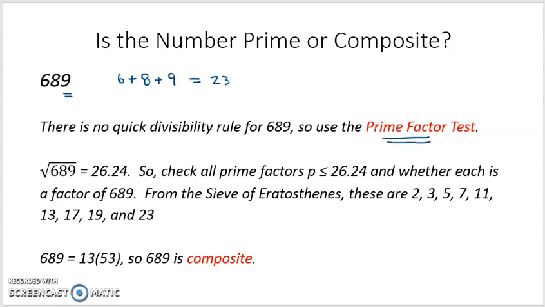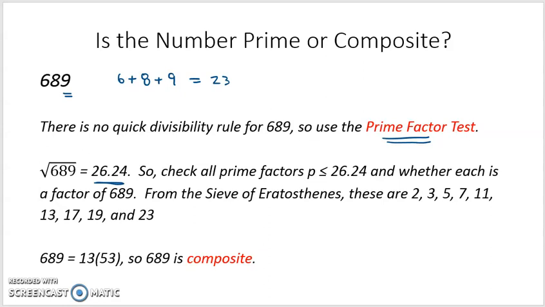The first step of the prime factor test is taking the square root of the number. The square root of 689 is 26.24. So the prime factor test says that we need to check all of the prime factors up to 26.24, and determine whether each one is a factor of 689.